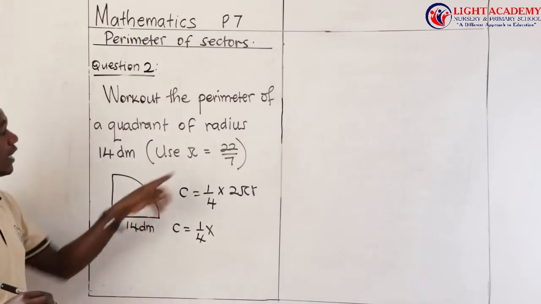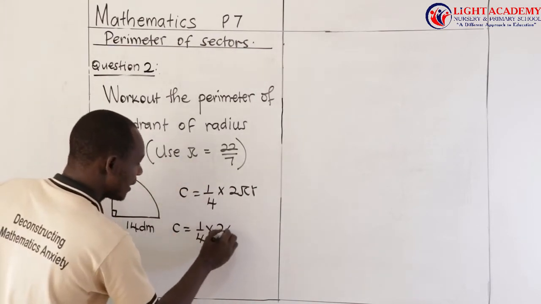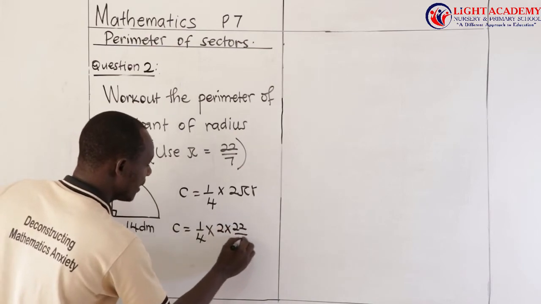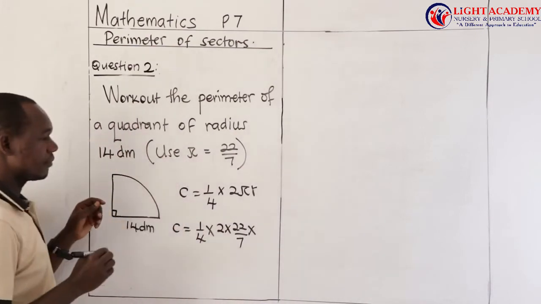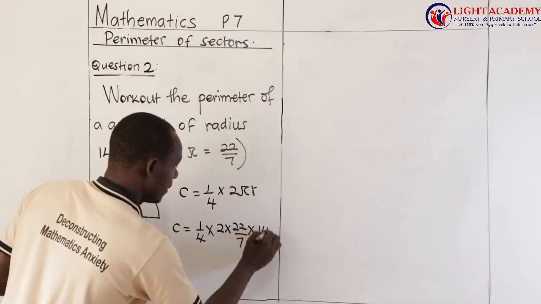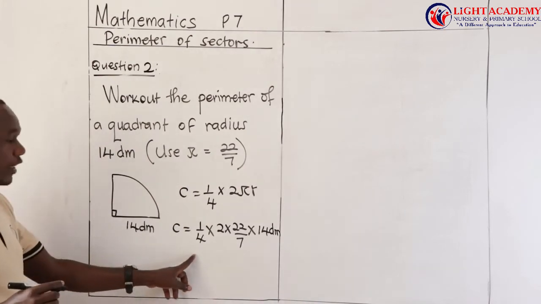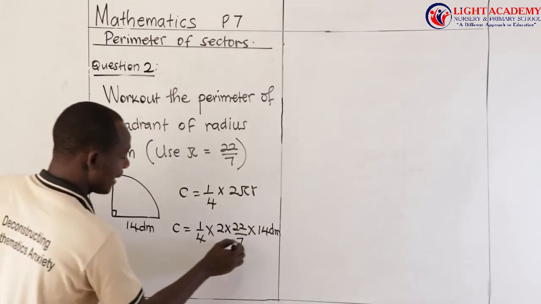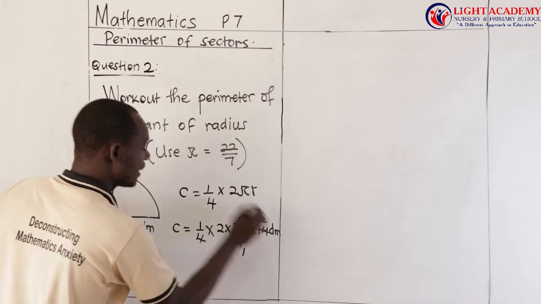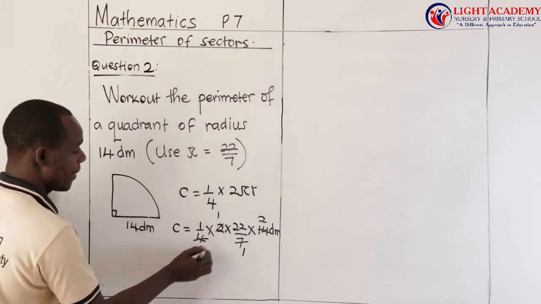So the circumference of the quadrant will be equal to a quarter times, which value of pi have they told us to use? 22 over 7, times 2 times 22 over 7, then times the radius, which is 14 decimeters. In this case, you can even reduce. 7 into 7 is 1, into 14 is 2. 2 into 2 is 1, into 2 is 1.